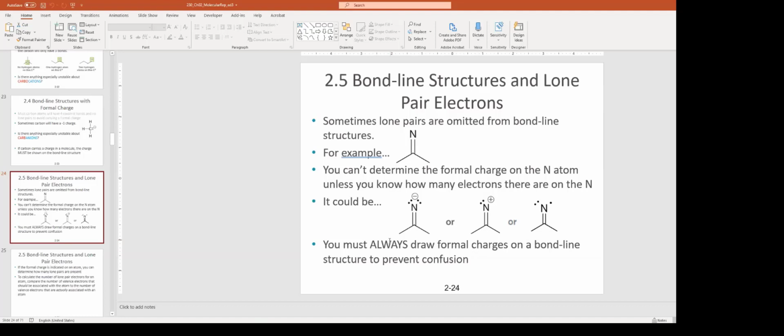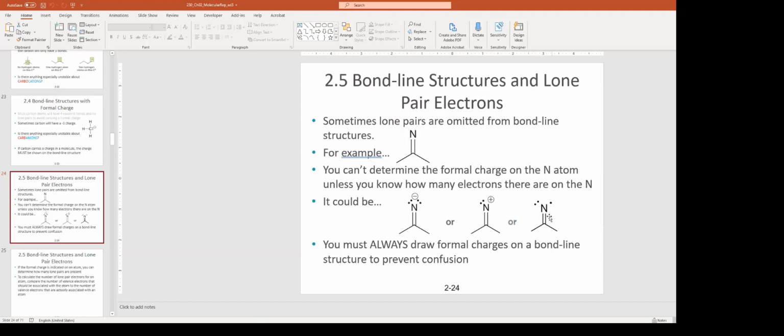If you draw formal charges, you could figure it out. If you leave out the lone pairs but you knew the charge, you could figure out that this has to have 2 lone pairs if you wrote a minus here. If you wrote a plus here, you'd be able to figure out that it must have a lone pair.